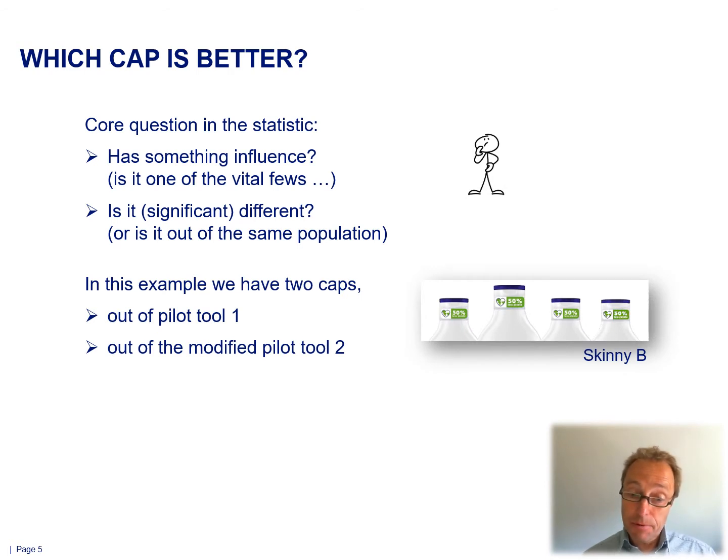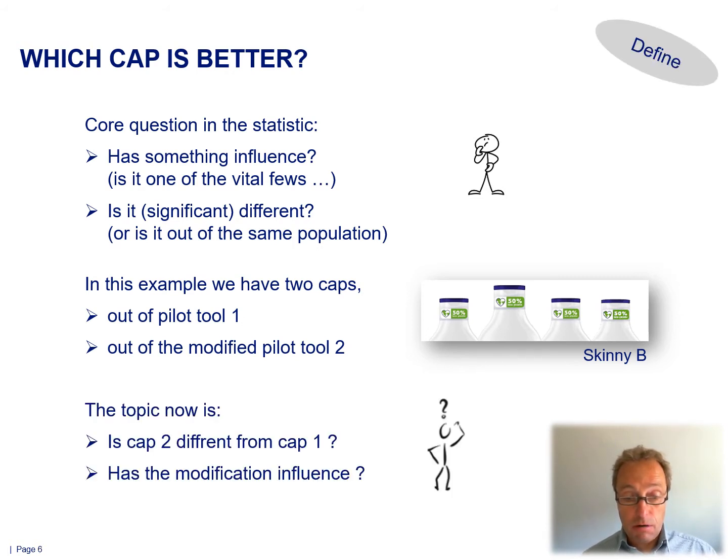In this example we have two caps, one out of pilot tool 1 and the second out of the modified pilot tool number 2. It's an example again out of Tres Cantos, and the question is basically, is cap 2 different from cap 1? Has the modification an influence?